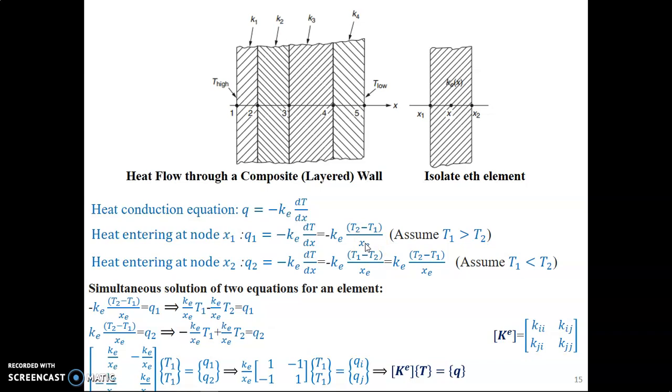Okay. Now let us assume the second condition, that the heat is entering at the node x2 and leaving from the x1. So when heat is entering at the node x2, we can assume that T2 temperature at this interface is greater than the T1 temperature.